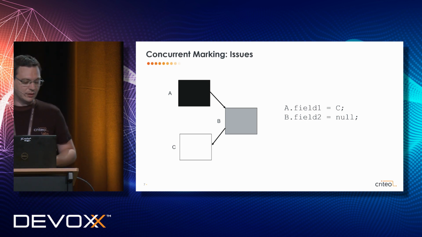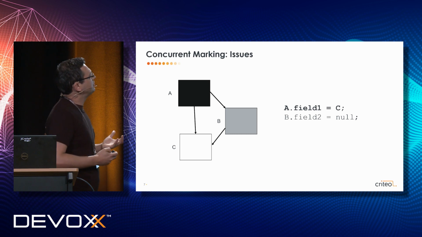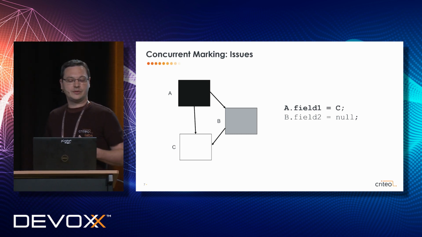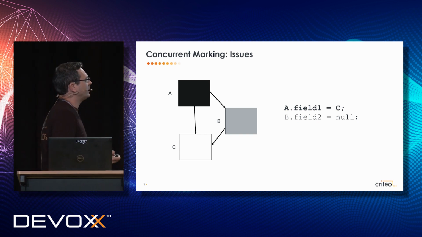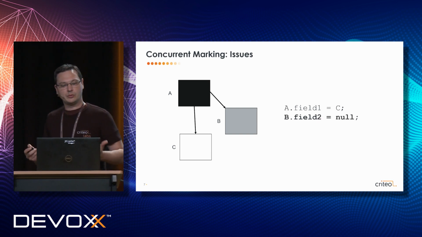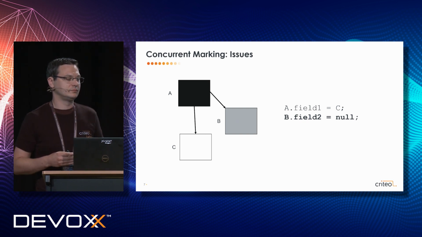It's marking right now, and we are at the B object. The application thread executes and stores the reference of the C object into the A object, so a white object referenced by a black object, and then we remove all the paths from a gray object to a white object.